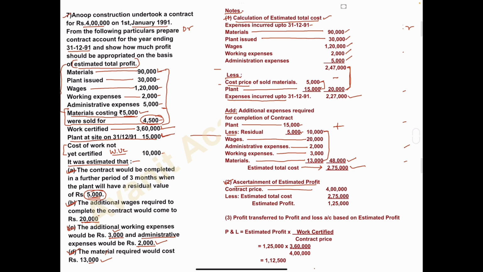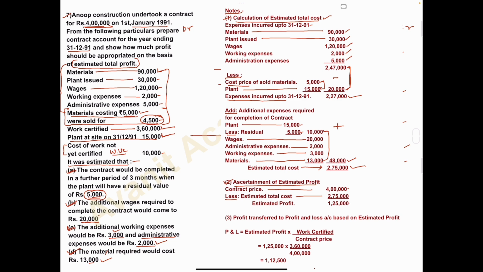Anup Construction undertook a contract of rupees 4 lakh. So the contract price is 4 lakh. Contract price 4 lakh less estimated total cost. Just we have calculated. Less estimated total cost 2,75,000 from 4 lakh minus 2,75,000.